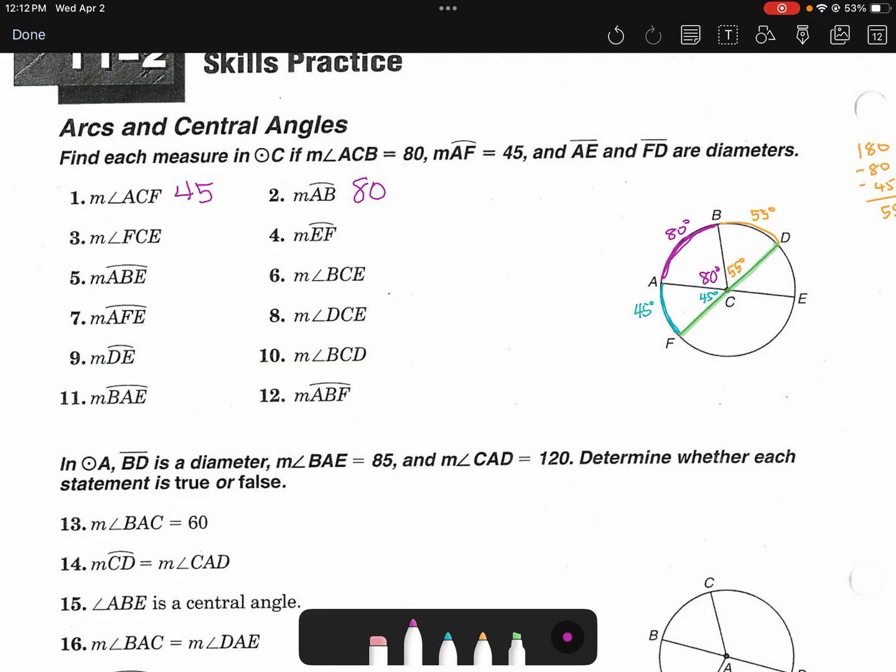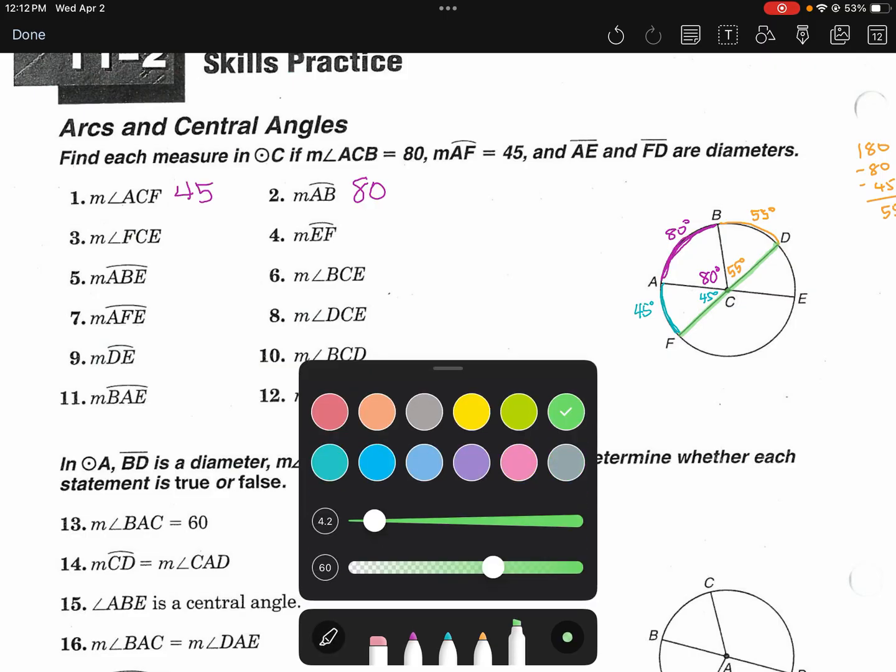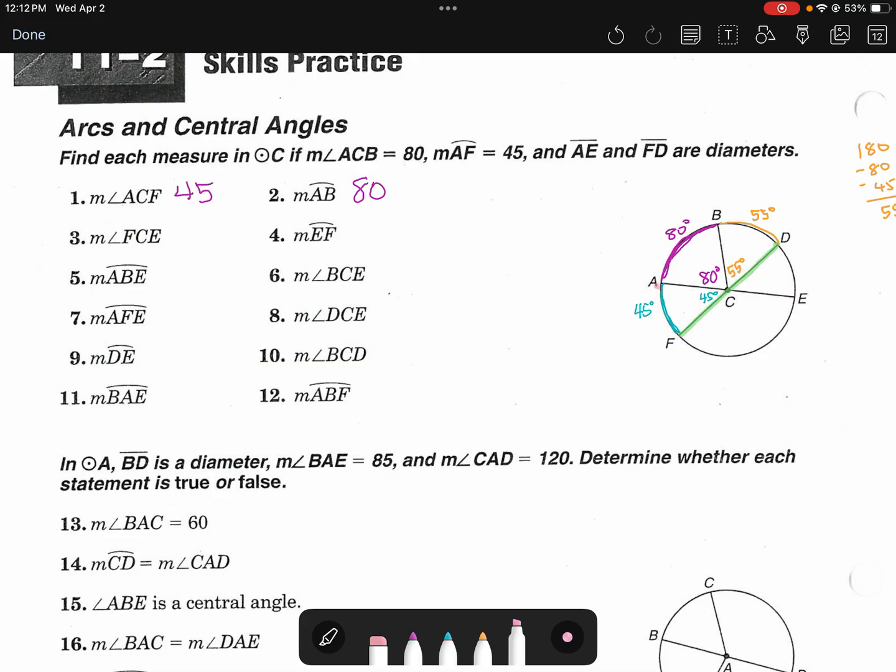What's the measure of arc AFE? I'm going to make this one pink. Arc AFE, we know that arc has a measure of 180, and we know that because that pink arc is a semicircle.